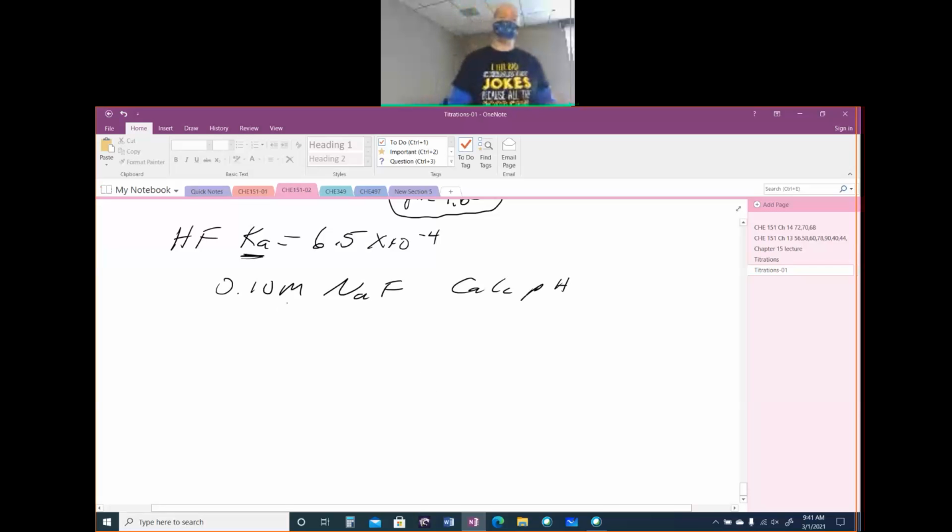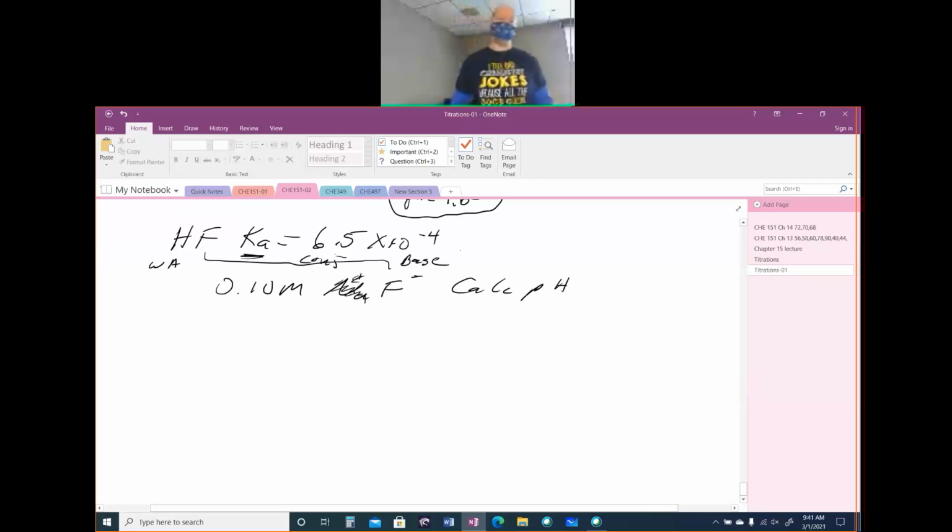All right, so here you have to recognize that Na is a spectator ion. I like to get rid of the Na. It would be Na plus, but it's gone. This is simply F minus. So I have 0.1 molar F minus, and you have to know that here is your weak acid, and here is the conjugate base. These are conjugates, and this is the base.